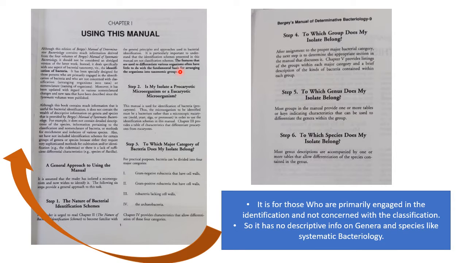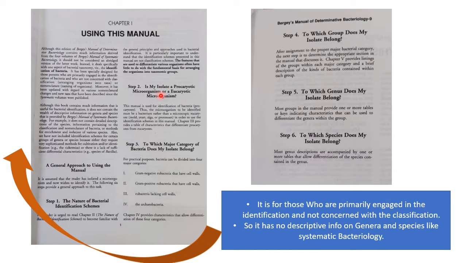The features used to differentiate various organisms often have little to do with the fundamental basis for arranging organisms into taxonomic groups. Yes, very little of the fundamentals of identification are related to the taxonomic group, but very little. So this book is purely for identification purposes.